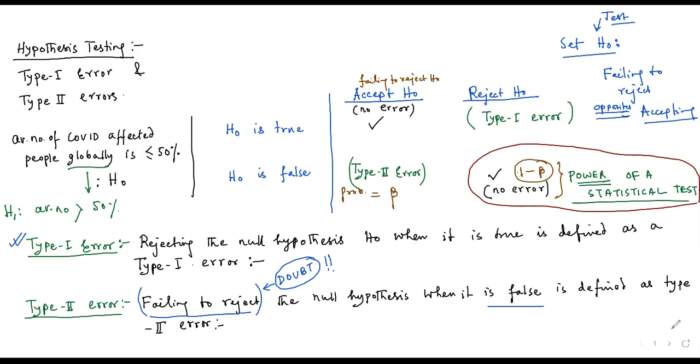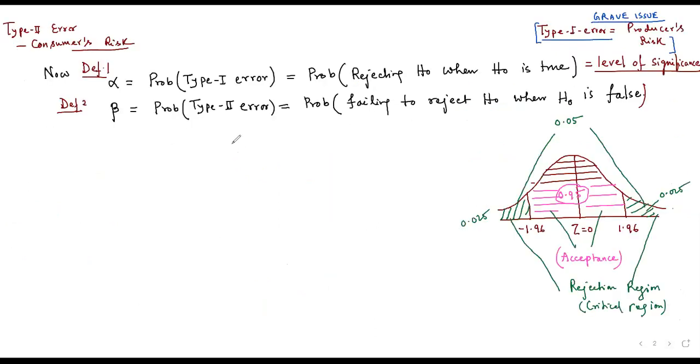Now you already know that we have done the hypothesis testing problem by following certain ways. What are these ways? I'm writing the steps once again. The steps to do hypothesis testing were like this. Step 1, set up your H0 and H1.